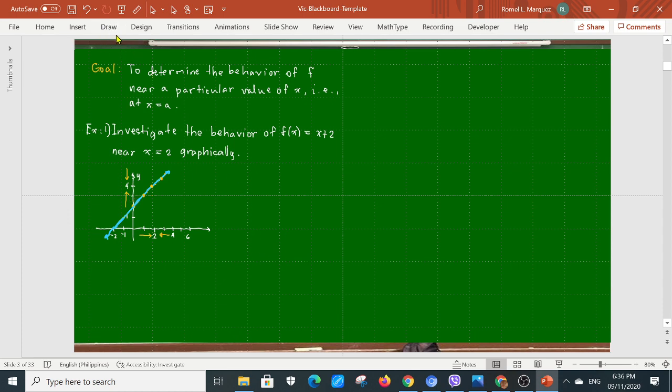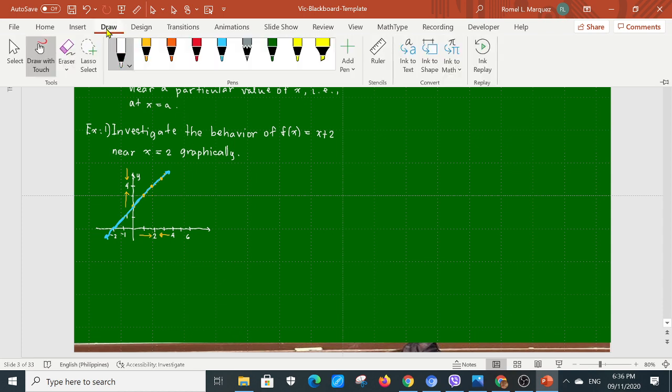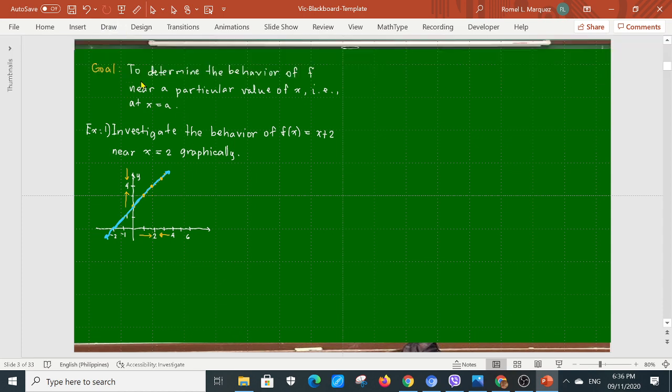And mathematically, how do we write that behavior? Remember, we are just approaching 2. We are not evaluating the function at x equals 2. What is happening to the value of the function? From our figure, it seems to get closer and closer to 4. So mathematically, we write this behavior.